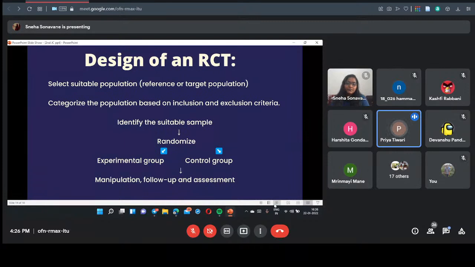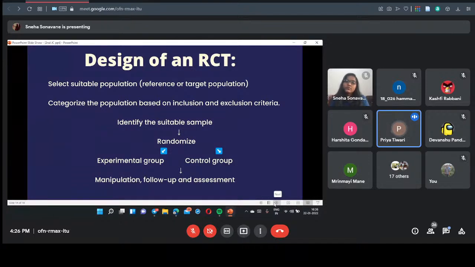Hence, a population of similar age group, similar sex, ethnicity, etc., has to be grouped together. After selecting the suitable sample size according to the inclusion and exclusion criteria you have defined, you will now randomize them.